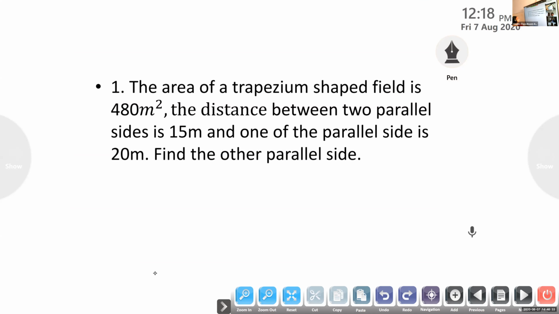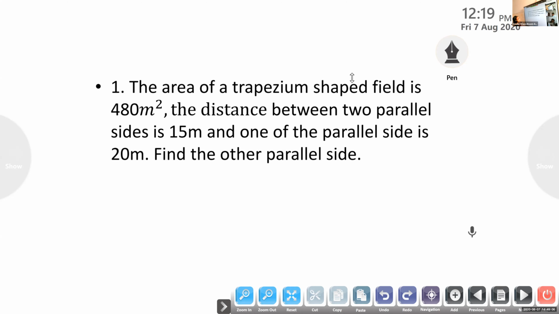Write the first question. The area of a trapezium shaped field is 480 meters square. It is page 76, example 1 in the NCERT book. You have R.D. Sharma, so write the question.